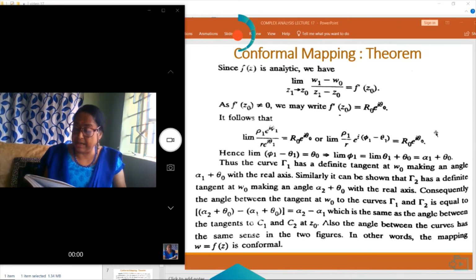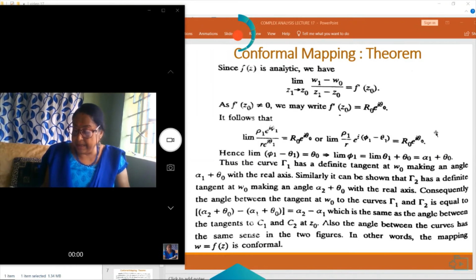It follows that rho 1 e to the power i phi 1 divided by r e to the power i theta 1 is equal to r0 e to the power i theta 0, and limit of rho 1 by r into e to the power i (phi 1 minus theta 1). Hence, limit of phi 1 minus theta 1 is equal to theta 0.